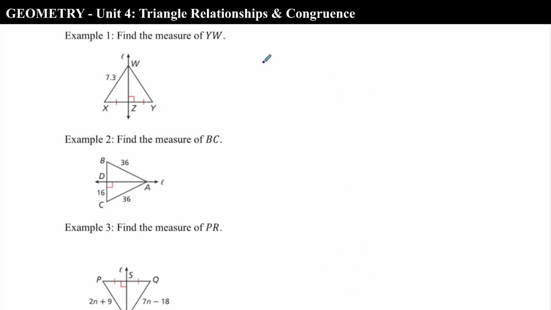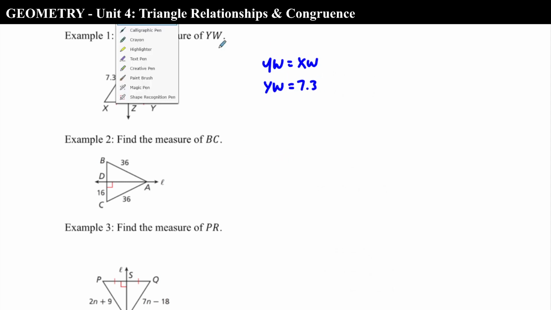So YW is equal to XW, and XW is 7.3, so therefore YW is also going to be 7.3. Let's clean that up a little bit, just so you can tell that that is indeed a Y.